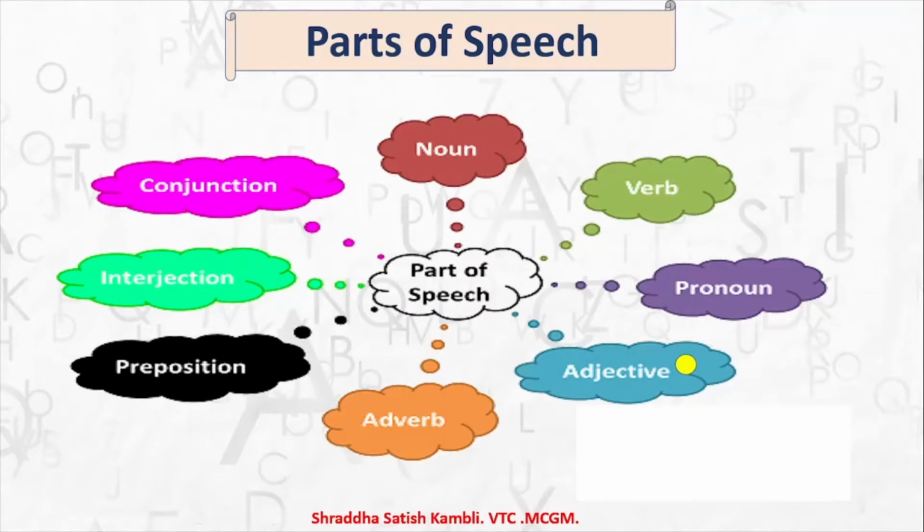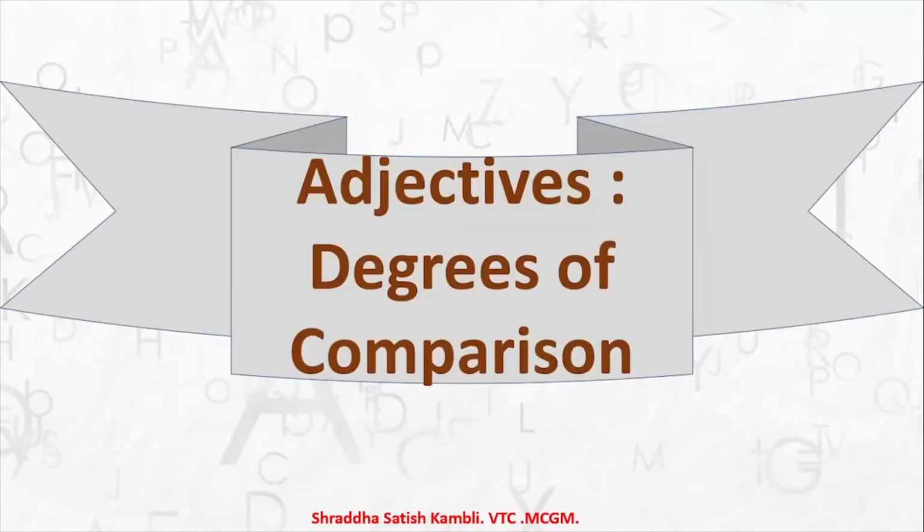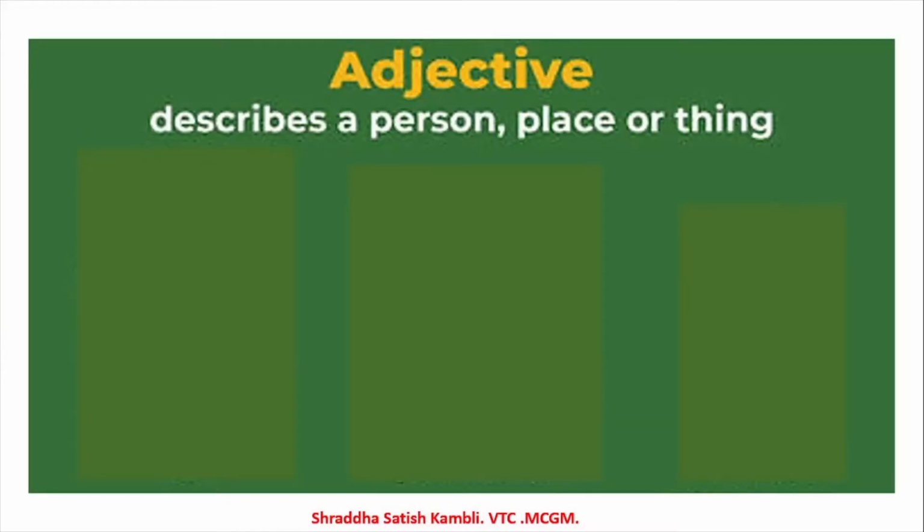So let's start by understanding what is the meaning of adjectives, and then later on we will talk about the degrees of comparison. So what are adjectives, children? An adjective describes a person, a place, or a thing. When we say describes, it means it tells you a quality about a person or a place or a thing.